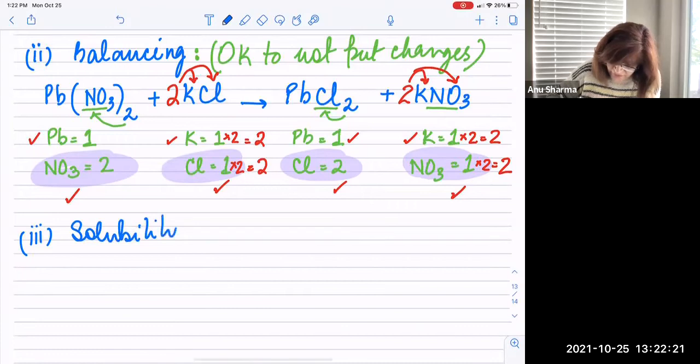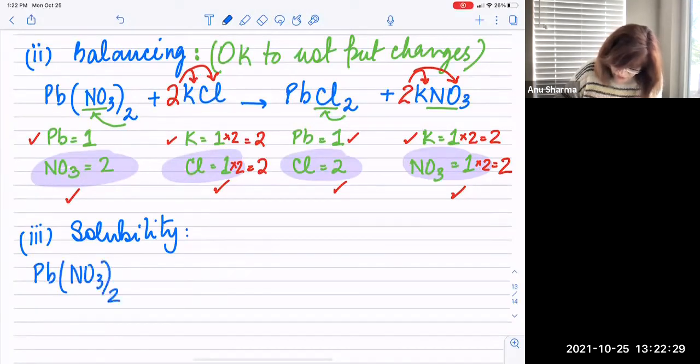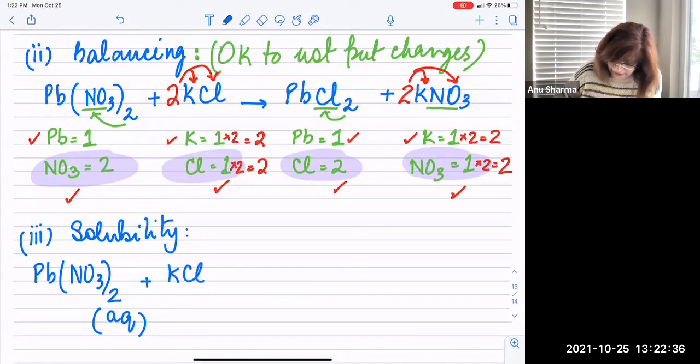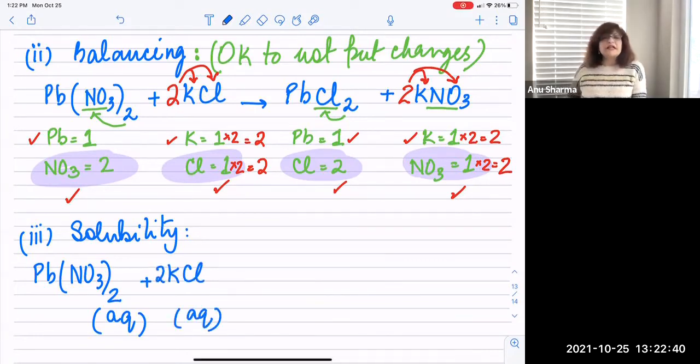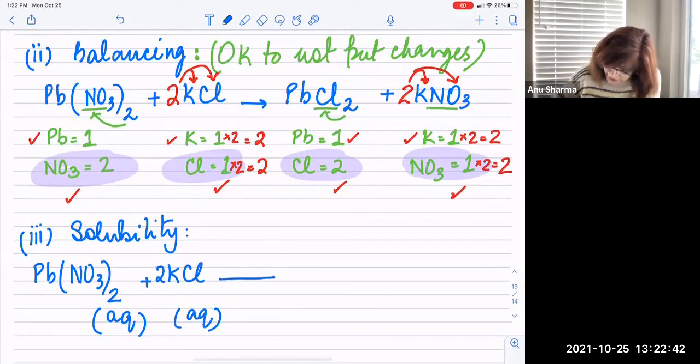Now for solubility, we are going to put here Pb(NO3)2. All nitrates are soluble in water, so this is aq. Next, all chlorides are soluble in water, and we have here 2 KCl, potassium is group 1A, soluble in water.